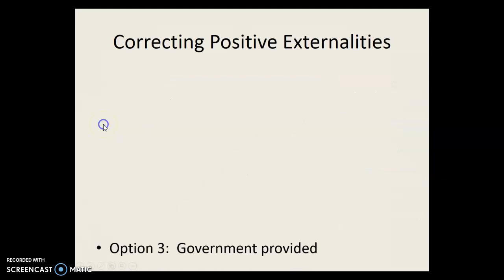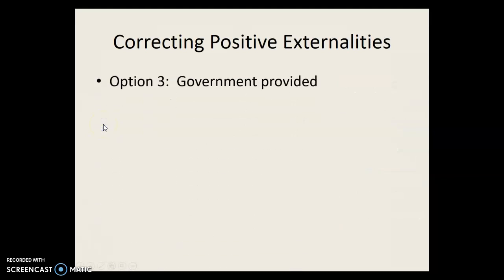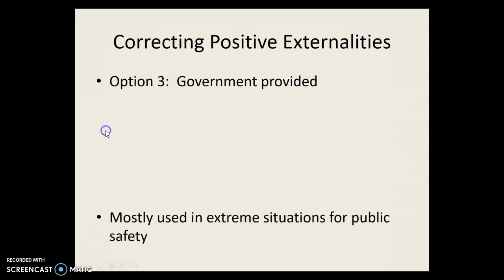Okay, and then there's a third option: the government can just provide the service for free. And this does happen. If we don't want there to be a positive externality, then let's just give it away, and the government would be the one to give it away. So how does this work? What kind of products are government provided in order to eliminate an externality?